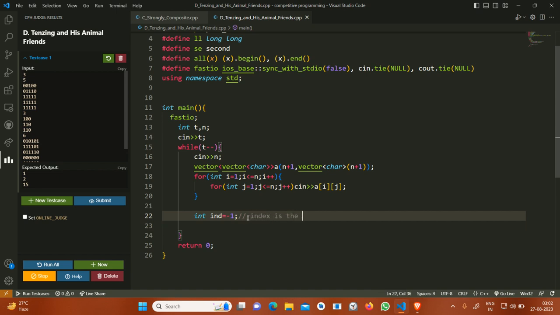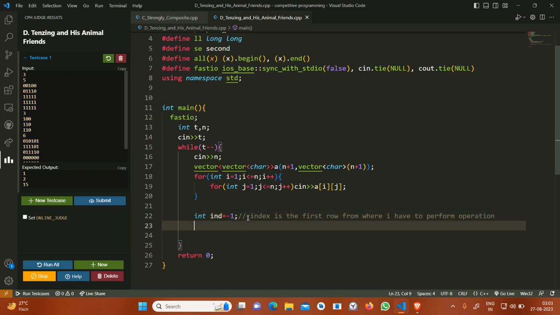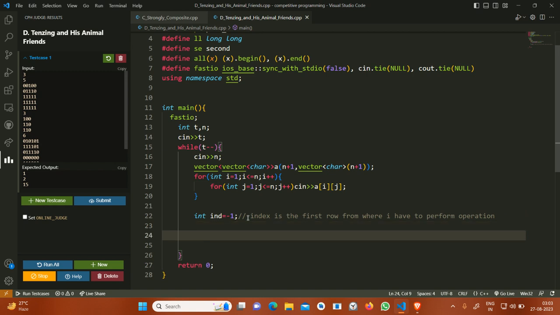Index is the first row from where I have to perform the operation. So basically, from which row you will start performing the operation, obviously the row having one. And if there is no row having one, you would not have to perform any operation.